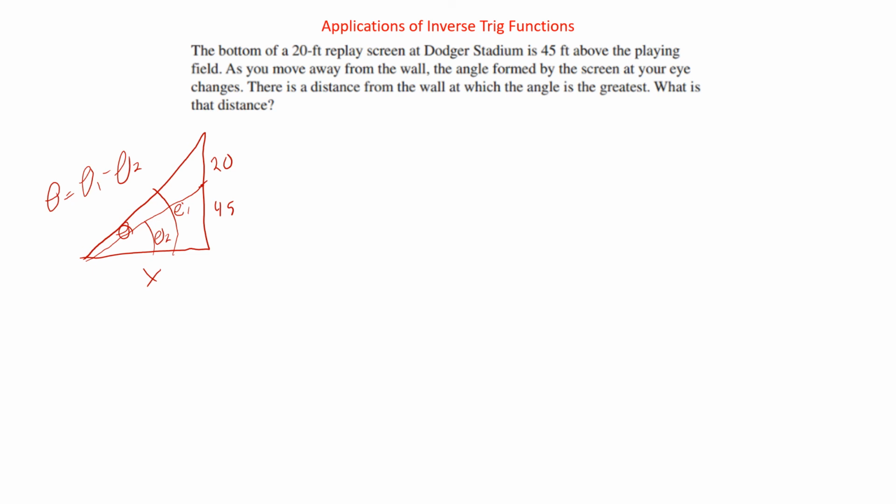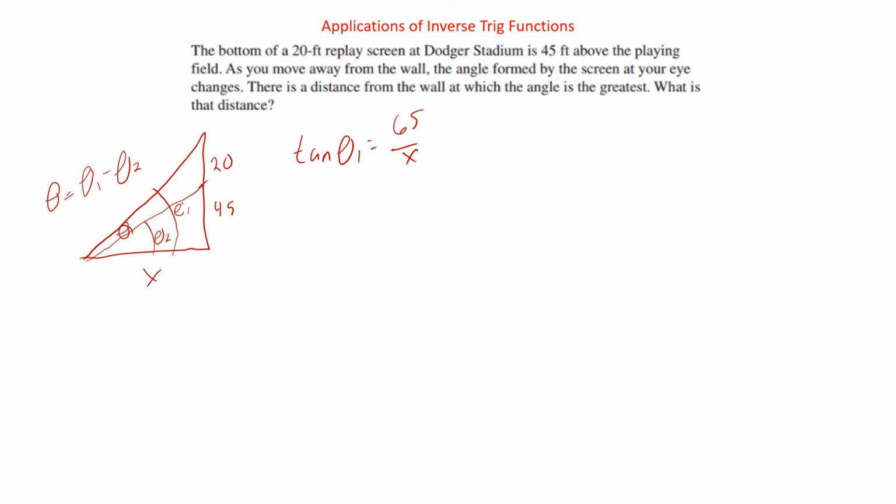To find those, we have an opposite side, we have an adjacent side. That's going to be tangent. So let's start with theta 1. Tangent of theta 1 is going to be the opposite, which is 20 plus 45, so 65 over x.